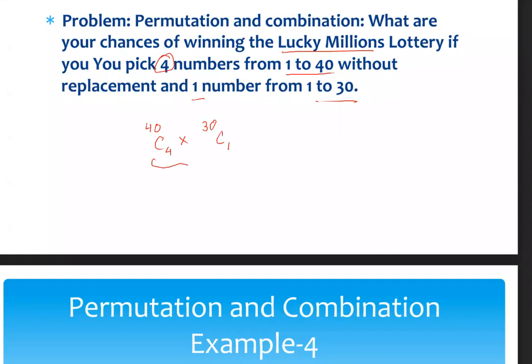If you multiply these two numbers, that is going to be the total number of ways Lucky Millions can be played. And out of all these different ways that the game could be played, there's only one way that will be the winning number. There is only one way you can win. So your chance of winning Lucky Millions is 1 out of these numbers. Okay, that's what it is.